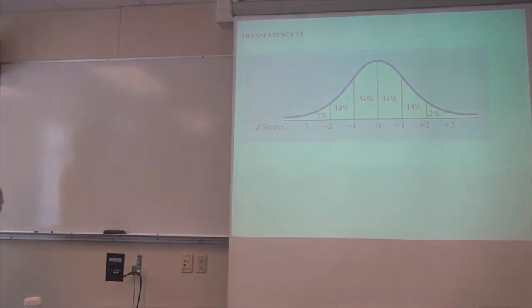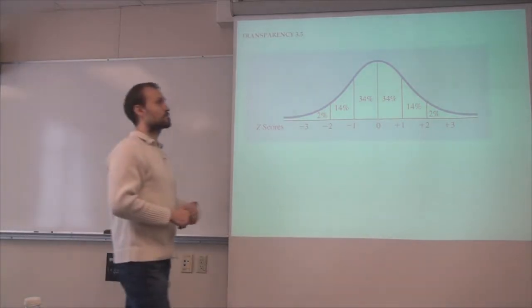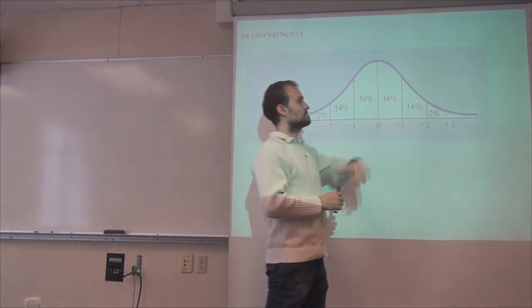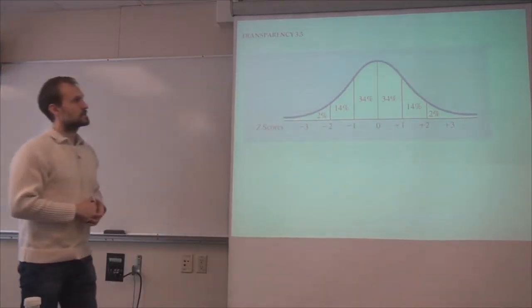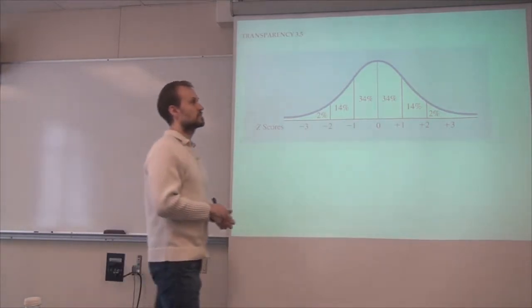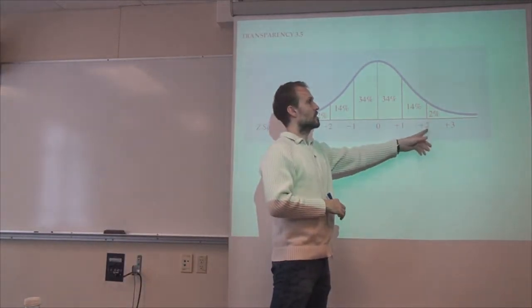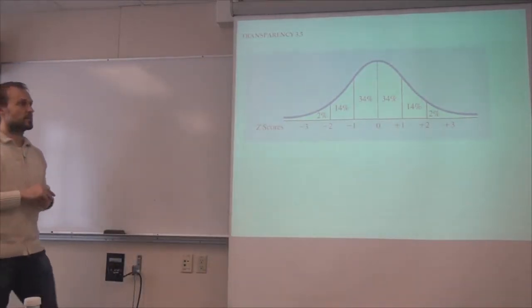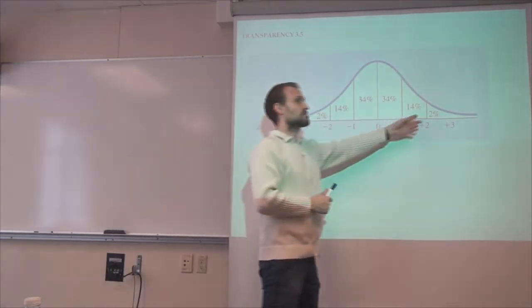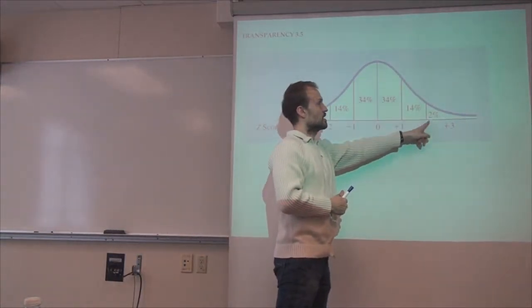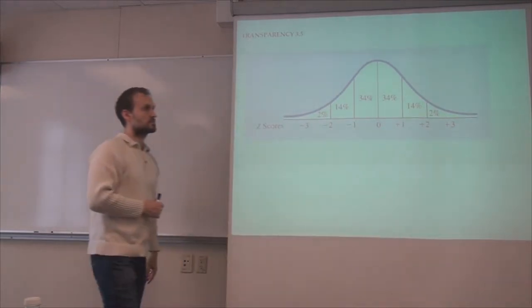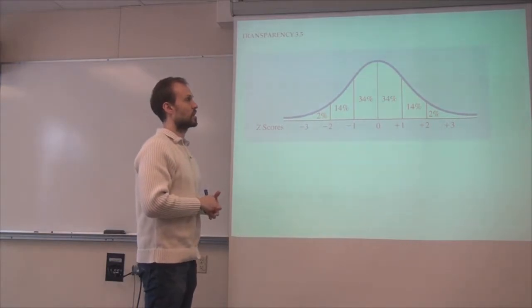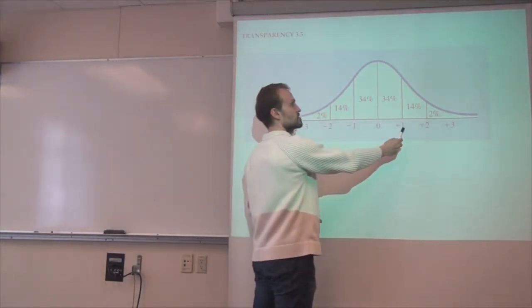The other one is then, of course, given a percentage, let's suppose I'm looking at the top 2%, what is the score that would separate the top 2% from the other 98%? Now, if I use the top 2%, then obviously the z-score is 2. If I say, oh, the top 16%, what is the score that separates the top 16% from the bottom 84%? That'll be a z-score of 1.